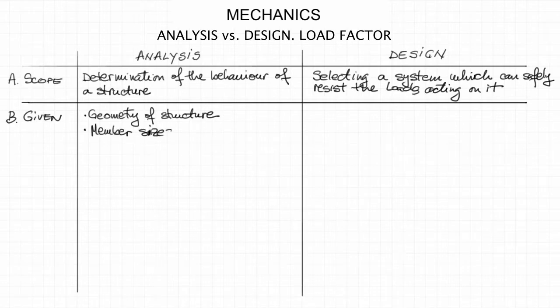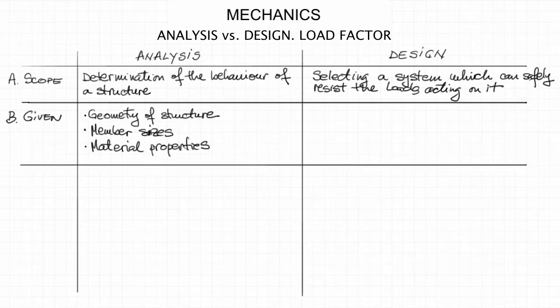We know the member sizes. So we know how big, for example, the cross-section of the members in a truss are, and we also know the material properties. We know what the members are made of, and we know, for example, the yield stress or the modulus of elasticity for those materials.